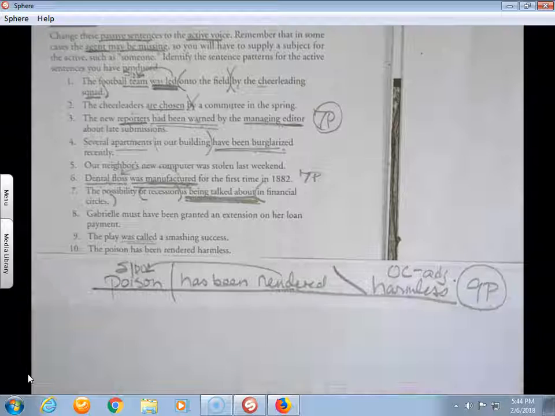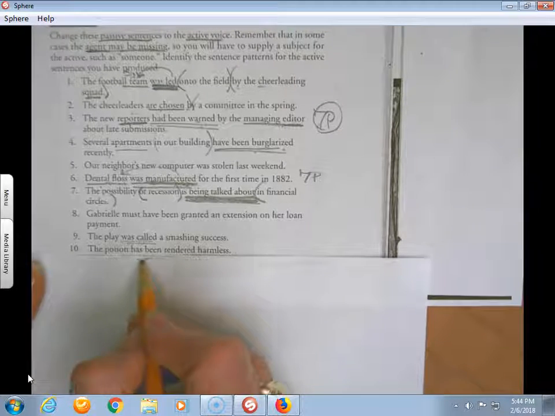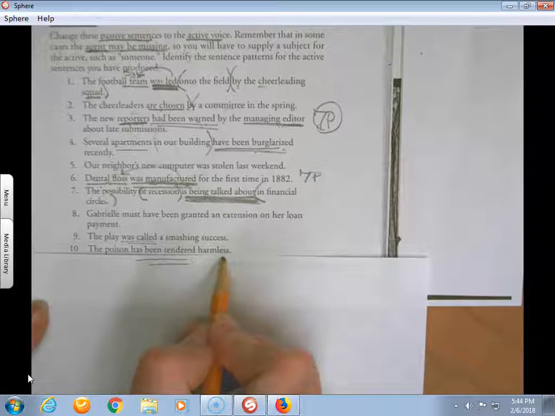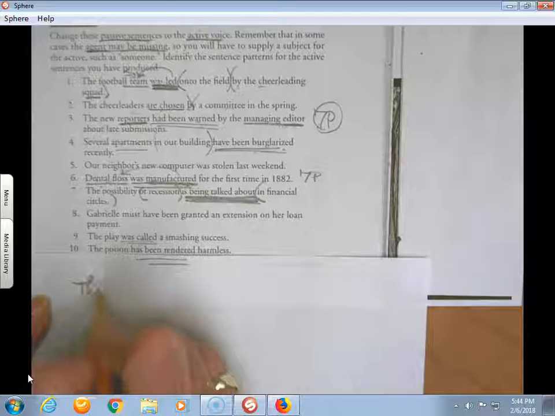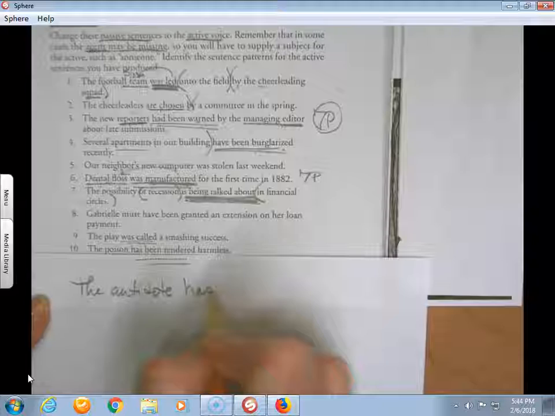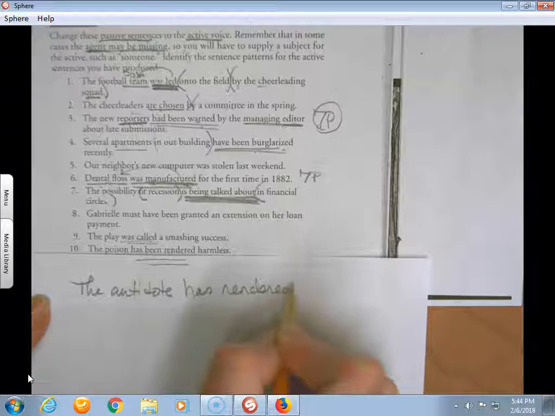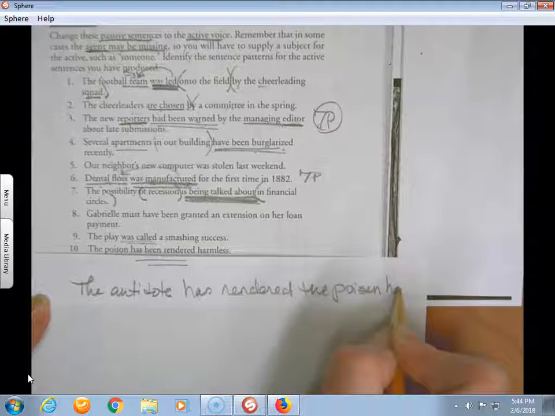And we would make it active by saying, what? We'd ask ourselves, what has rendered the poison harmless? I guess an antidote, right? So I would say the antidote has rendered the poison harmless.